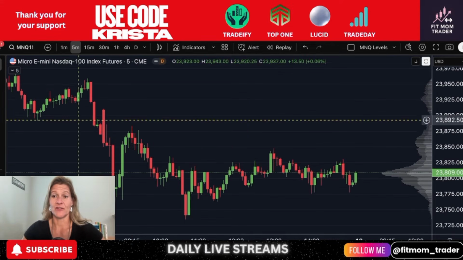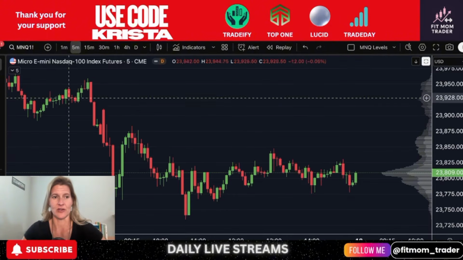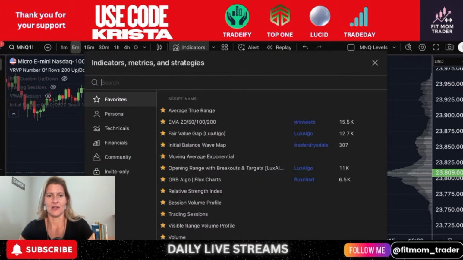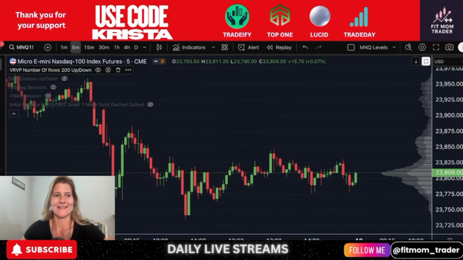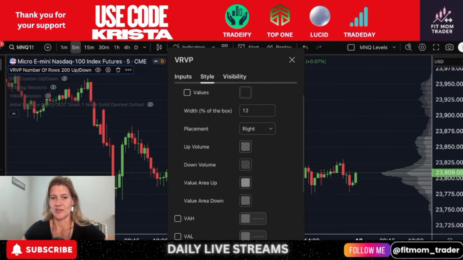So the first one is called the visible range volume profile, and that's the one that you see over here on the right. The indicator for that, you'll just type in here on your indicators, visible range volume profile. So that one right there. And the settings that I use for this one, I put the placement on the right. My colors, I change them to gray.